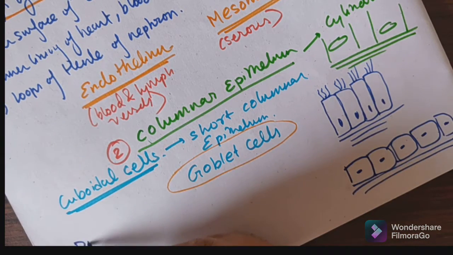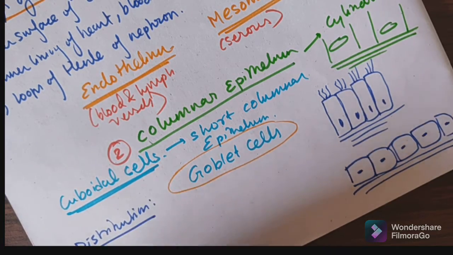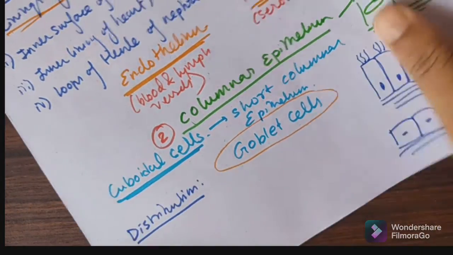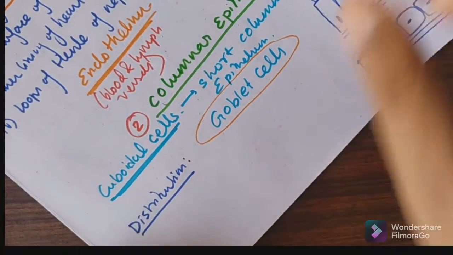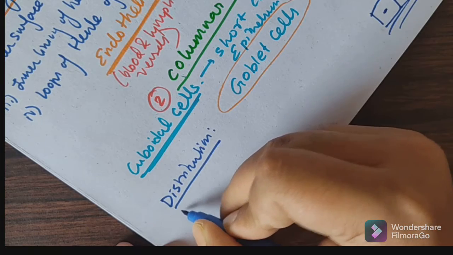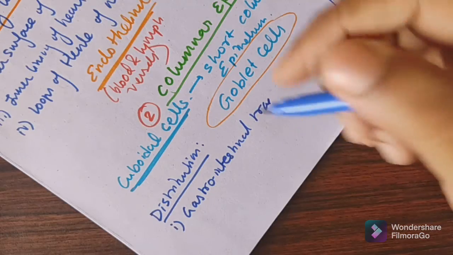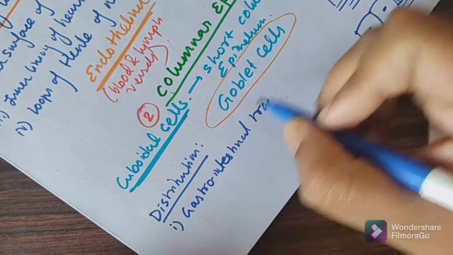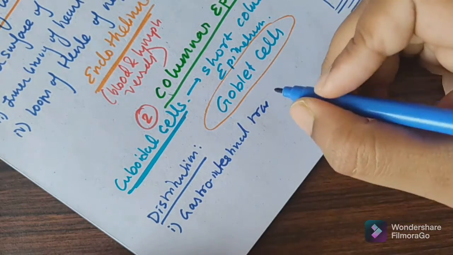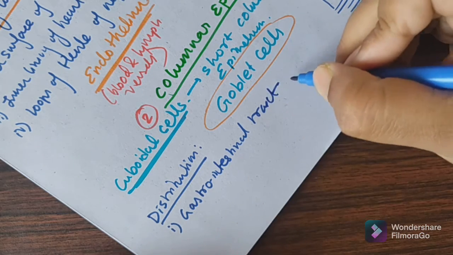Now distribution. Now the columnar epithelium is distributed into some important areas in our body. Now the first one is the gastrointestinal tract. It is generally found in the gastrointestinal tract, okay, and its glands.